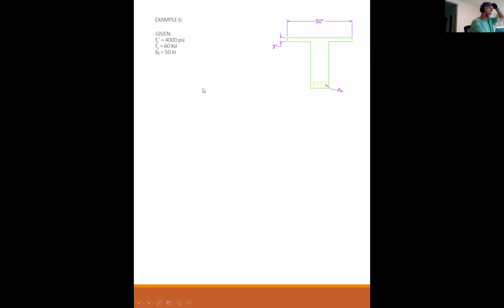Okay, so in the real world, you're never going to see an isolated T just like this. But for the sake of the problems, without repeating that first step over and over, sometimes I'll just give you what the effective width should be for the problem.